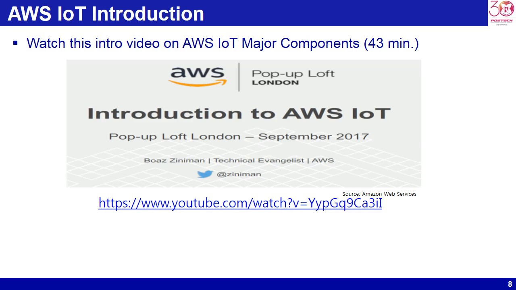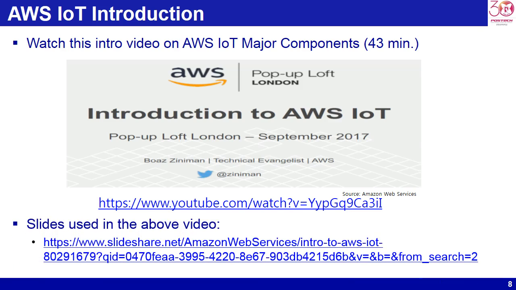And please watch the following video on introducing Amazon Web Service IoT's major components and how they work together. You can also find the slides used in the above video below.